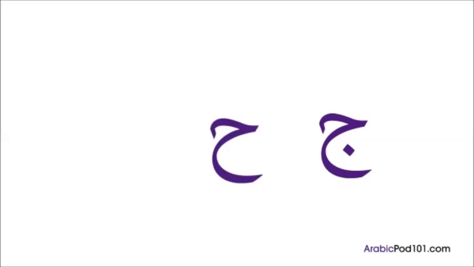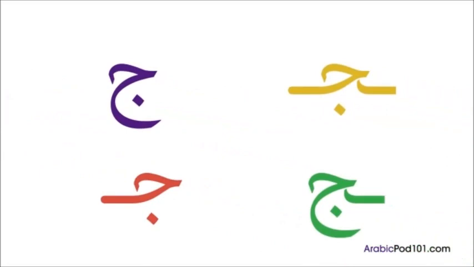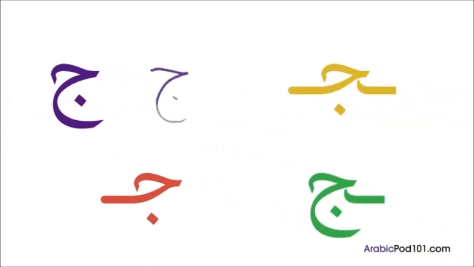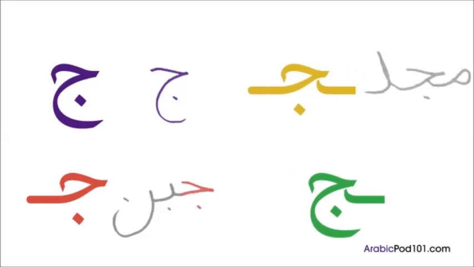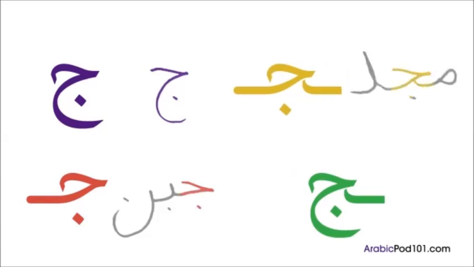In the third lesson, we learned 3 more letters that look alike: jim, ha, and kha. Here's jim: isolated, initial, medial, final.